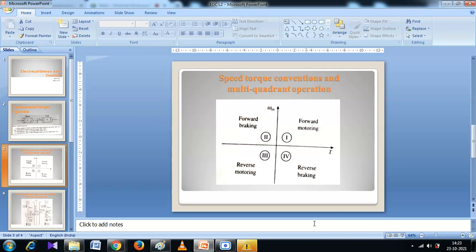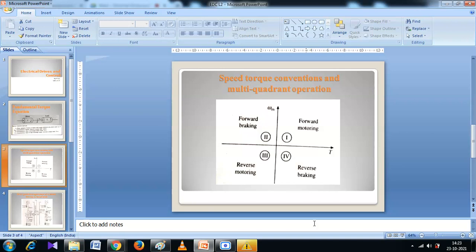If the torque generated by the motor and the angular speed are positive, then the power developed by the motor is positive, and this is the forward motoring operation, which is situated in the first quadrant. If the direction of rotation is positive and the torque developed by the motor is negative, then the power developed is negative.